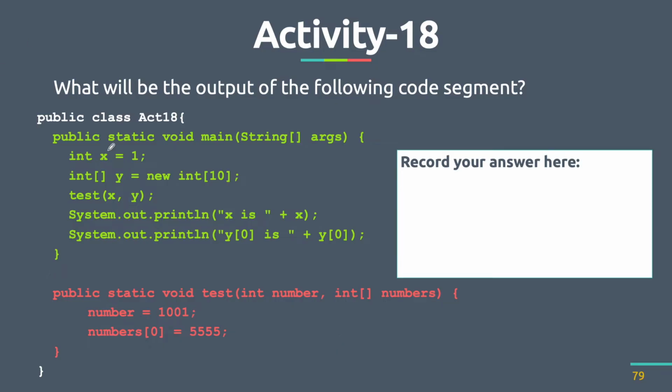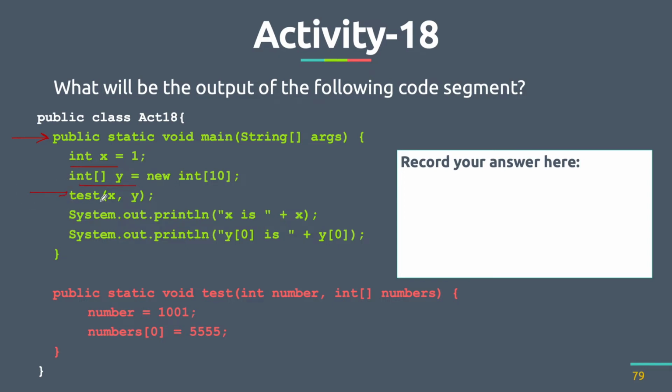So again, pause the video and try to find the output by yourself. Then resume the video, and we all know that we always start with the main method. In the main method we have an integer called x with a value of 1, and we also defined an array that we called y with 10 integers.